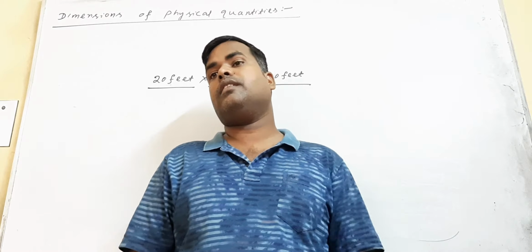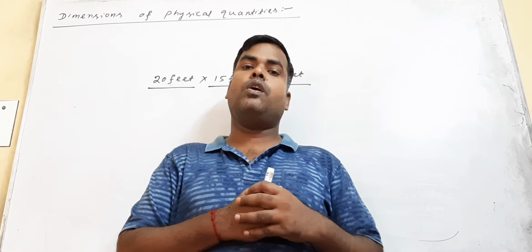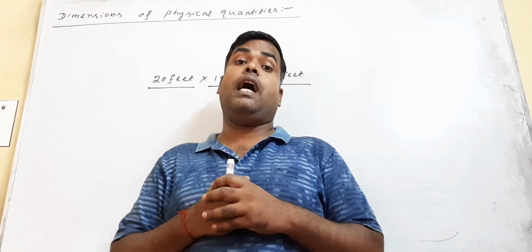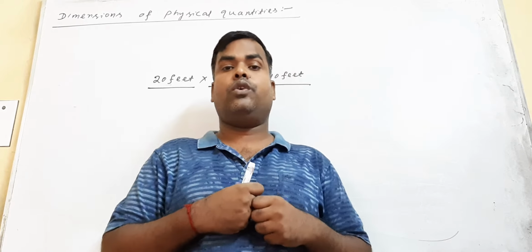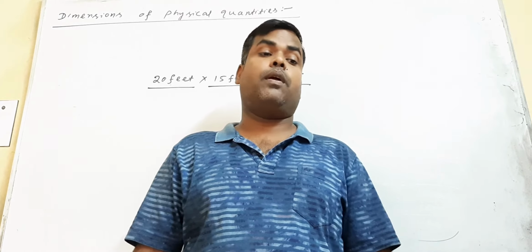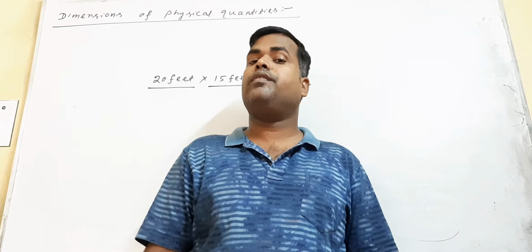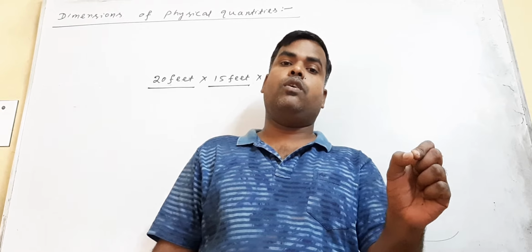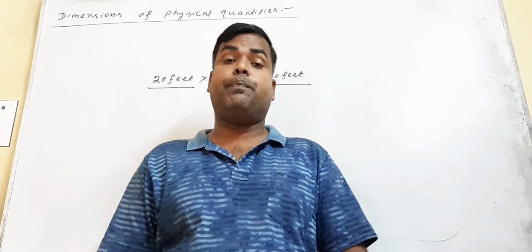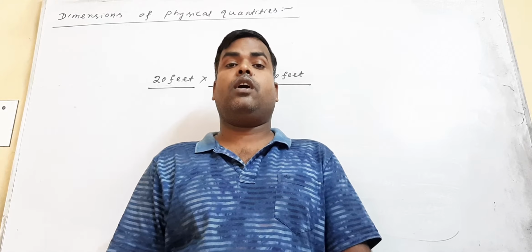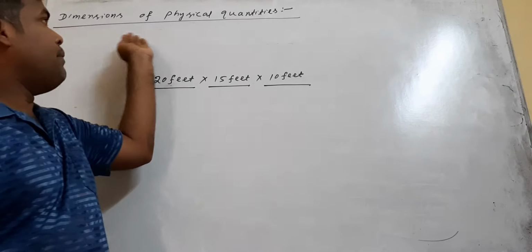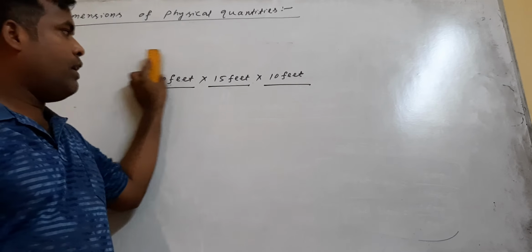So from the dimension, we can know which and how the base quantities or the fundamental quantities are used to represent the physical quantity completely. So you remember, what do you mean by dimensions of a physical quantity?